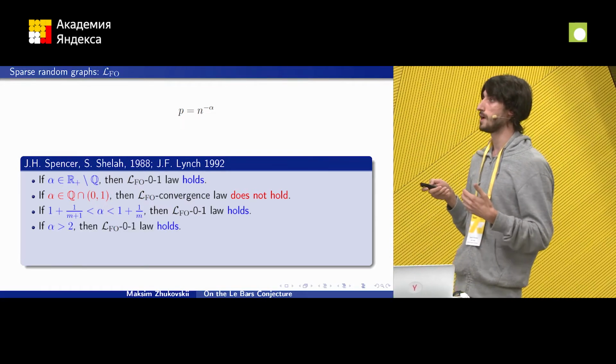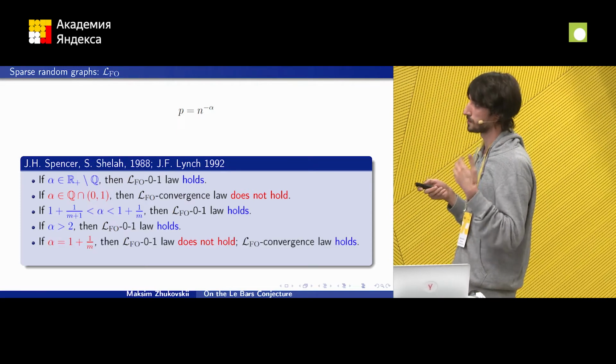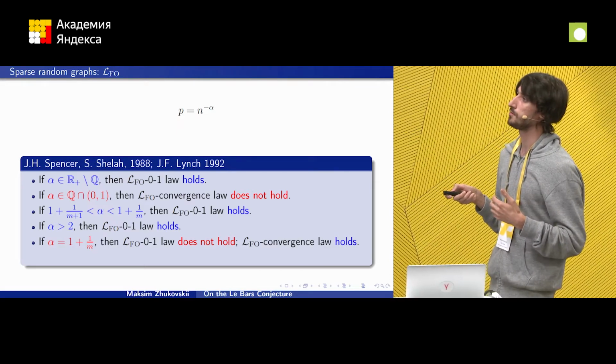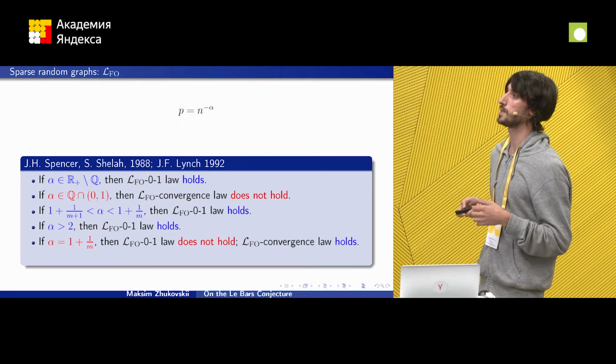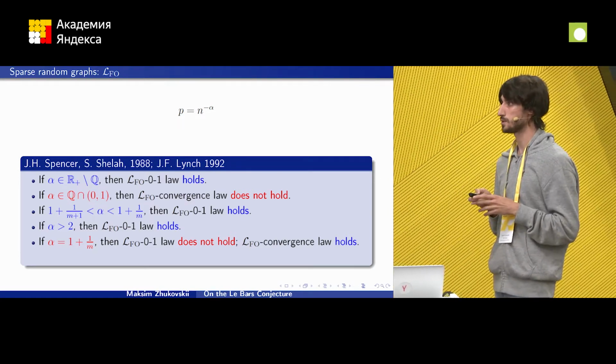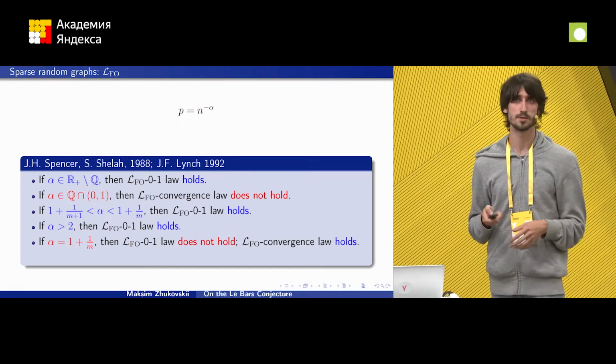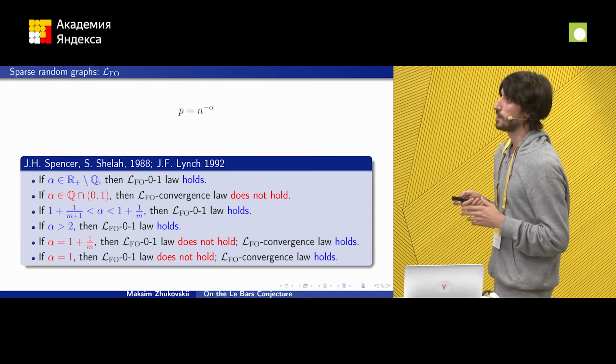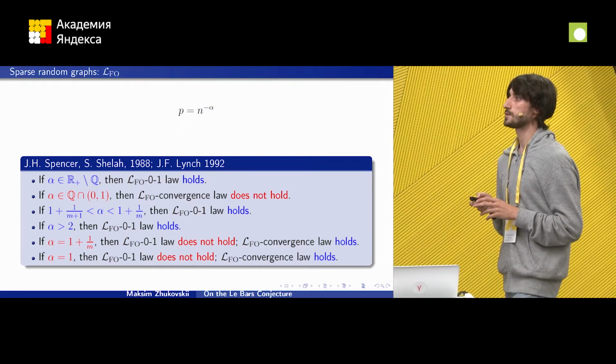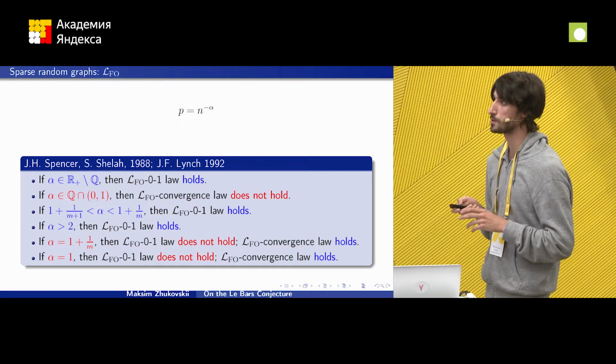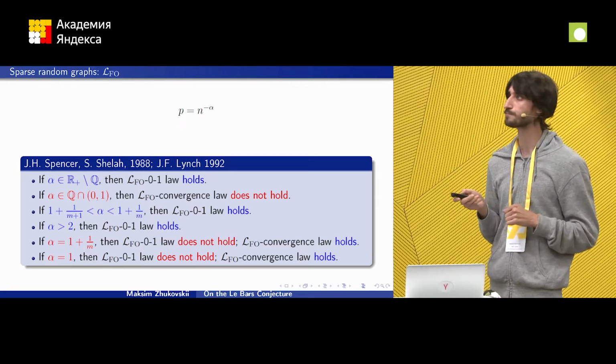If alpha is greater than 2, then there is also a 0-1 law. But if alpha equals 1 plus 1 over m, where m is an integer, then there is no 0-1 law, but there is convergence. And if alpha equals 1, there is also a convergence law, but there is no 0-1 law.